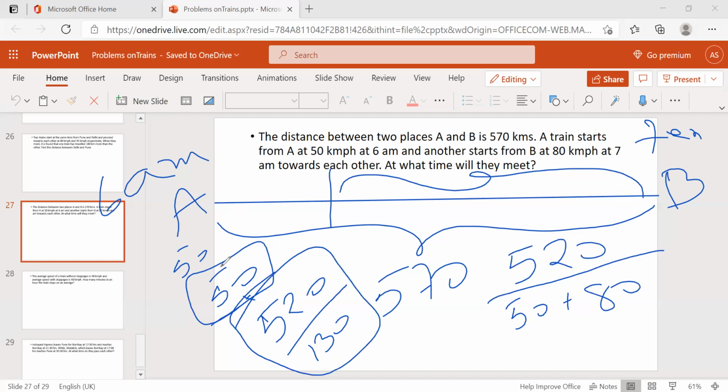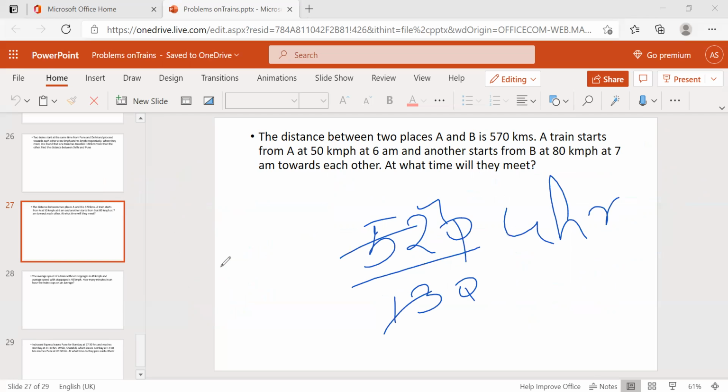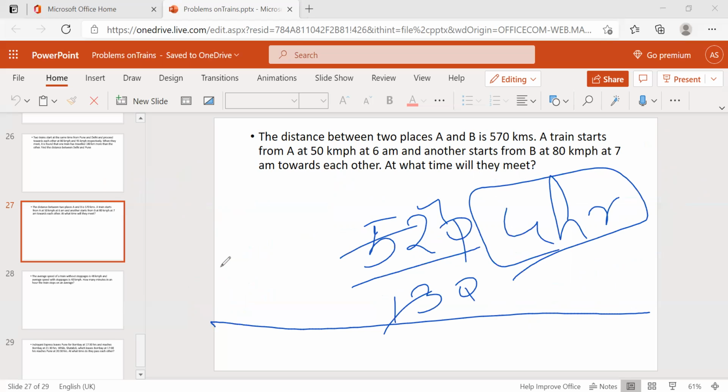The distance is 520, and the speed is 130. 13 fours, so 4 hours. After 4 hours, they will meet each other. After 4 hours means from where, 6 or 7?